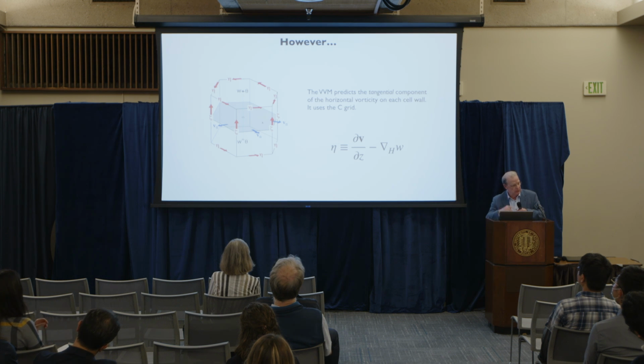Okay, I hope you can visualize this. So, predicting the tangential component of eta on the wall allows you to calculate the normal component of the wind half a level down, the blue arrow. That means it's a C-grid.